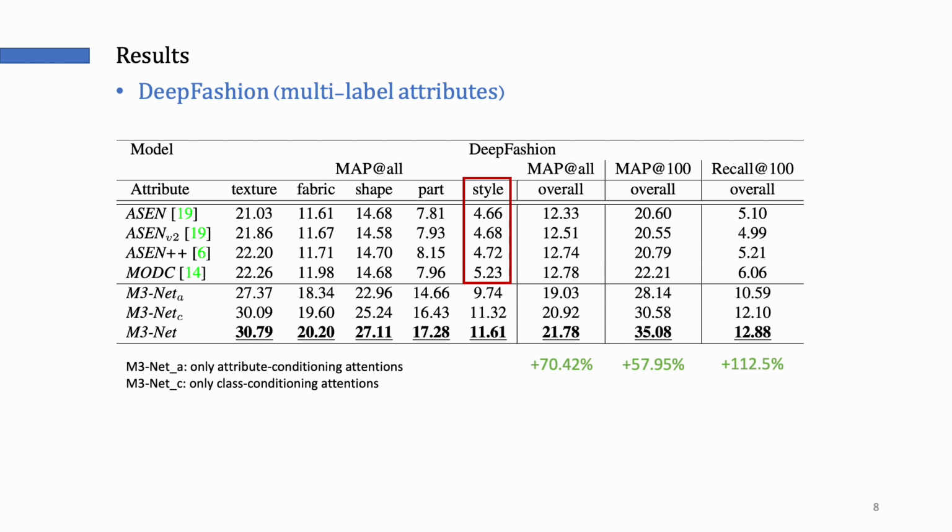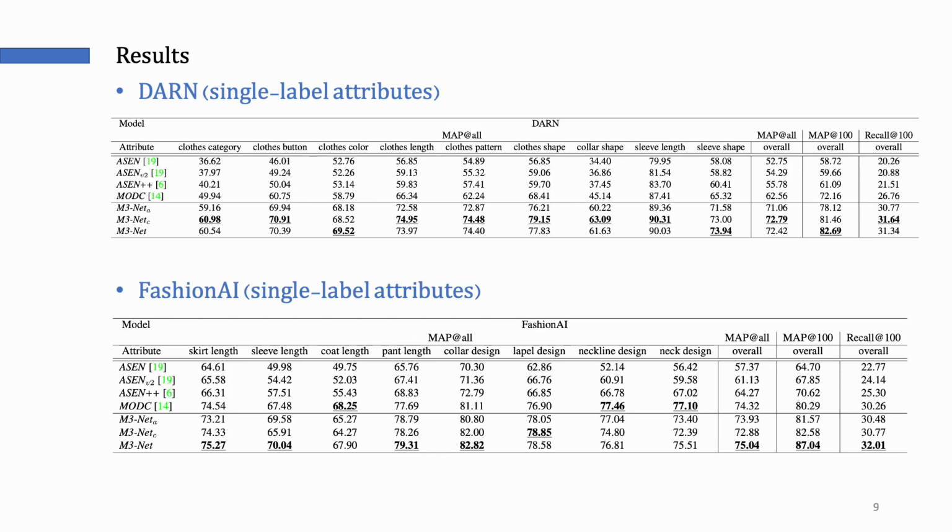Therefore, our method addresses the pain point for the multi-label attributes. We also observe decent improvement on FashionAI and DRN that have single-label attributes. It shows that more fine-grained representation learning can also benefit the overall fashion discrimination, not only on the multi-label attributes.